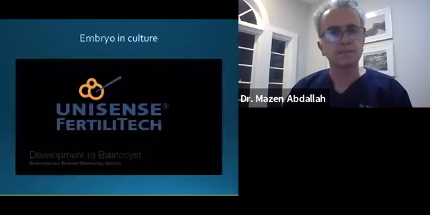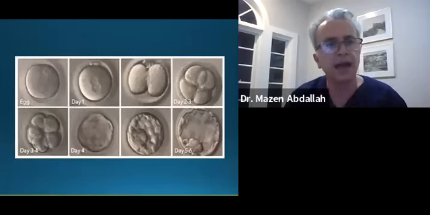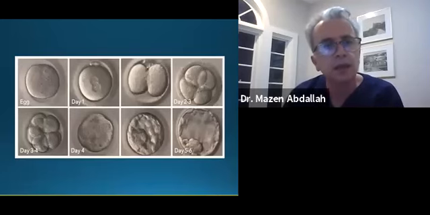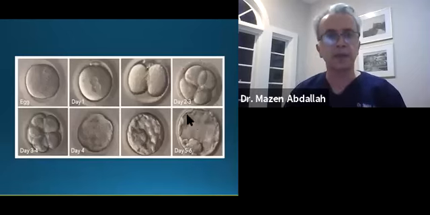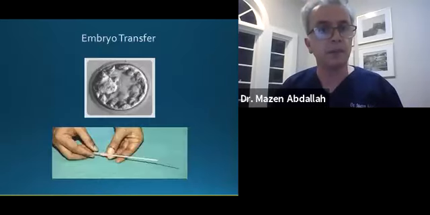If I describe it to you, we basically take one sperm and inject it into each egg to induce fertilization. We then grow the embryos in culture until the embryo reaches the implantation stage, going through the days of culture, and then we transfer the embryo to the uterus of the spouse or the female partner to achieve pregnancy.